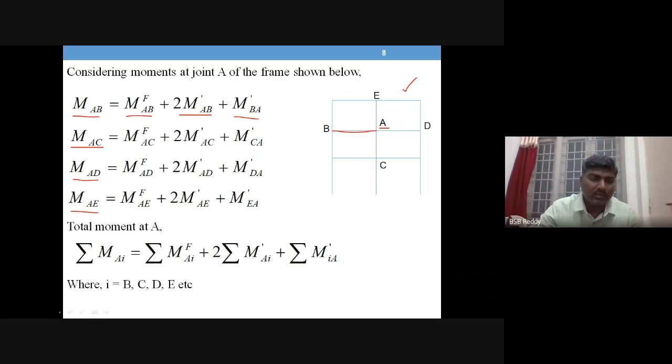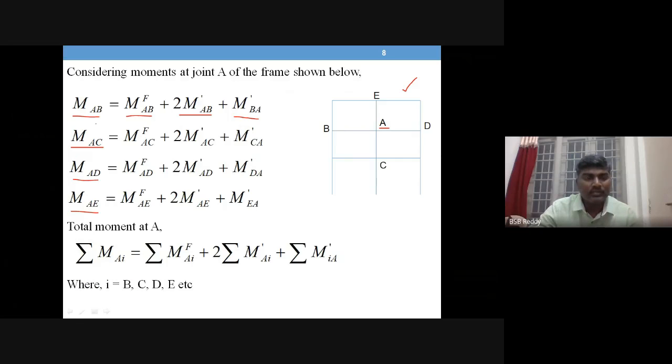Once you write that, let me erase this one. We need to draw some deformed shapes, that's why.